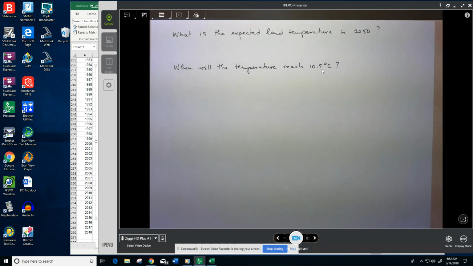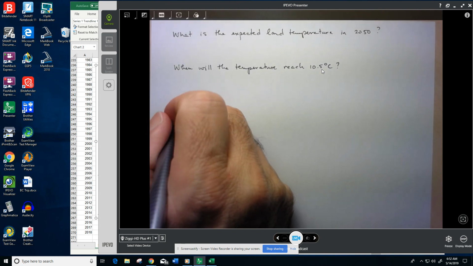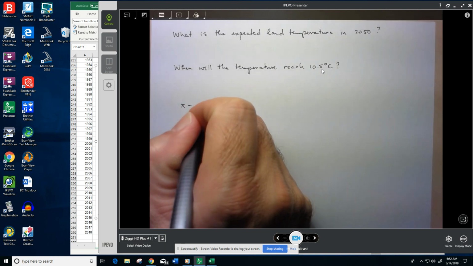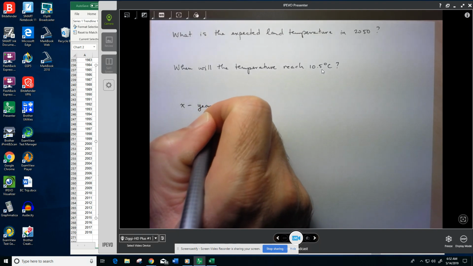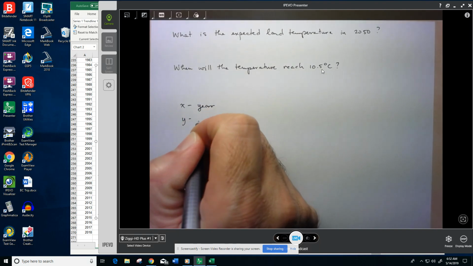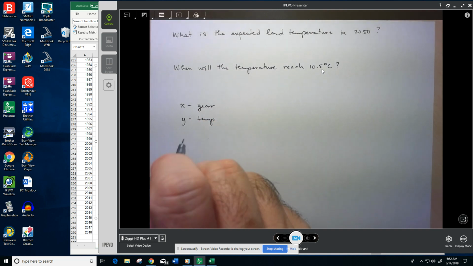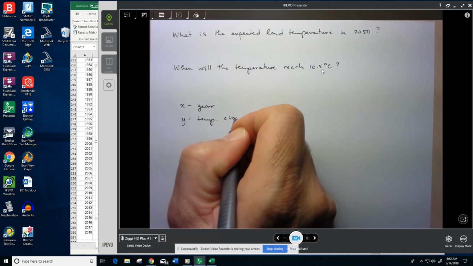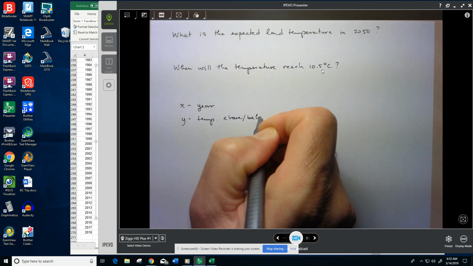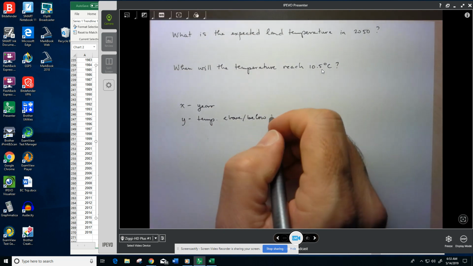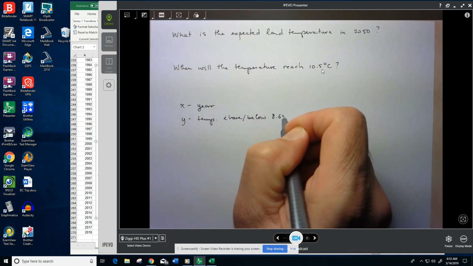So let's recall what my function gave us. We had x, which was the year, and then I had y, which was the temperature. And if you remember, it wasn't the actual temperature, but it was above or below the baseline temperature of 8.64.